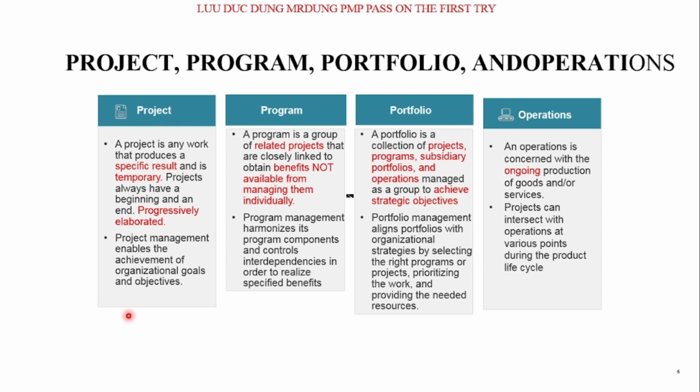So, what is a program? A program is a group of related projects that are closely linked to obtain benefits not available from managing them individually.